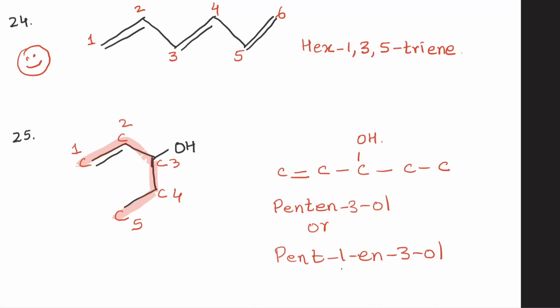We may or may not, it is up to us, represent position number 1 in the molecule. Also notice the disappearance of the E at the end of ene because our suffix begins with a vowel here.